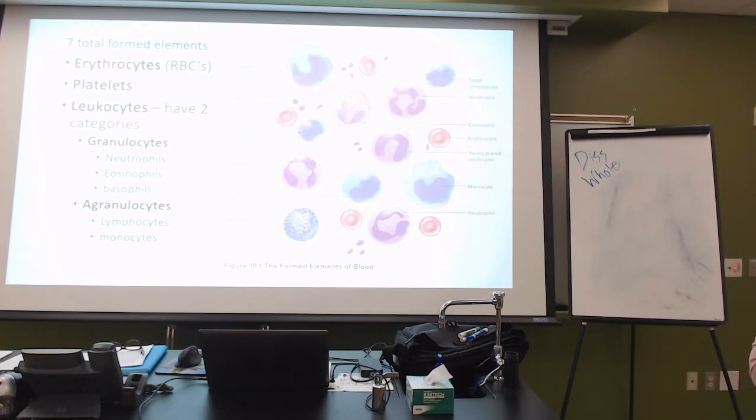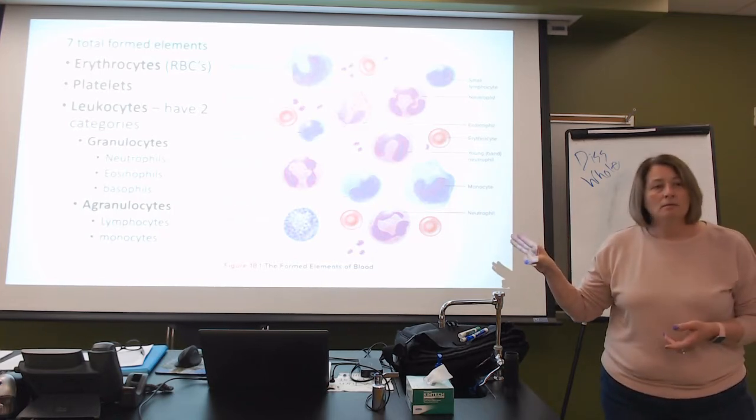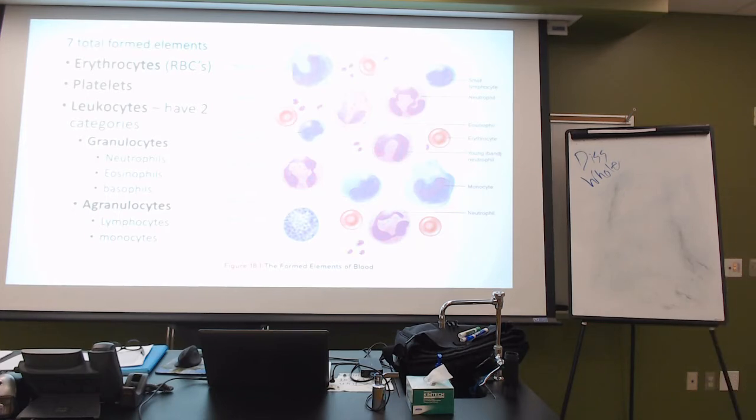have a nucleus. Okay, we'll learn why. For the white blood cells, 5 different types, and they are identified based on the structure of their nucleus. 3 belong to the category known as granulocytes, granules. 2 are agranulocytes.